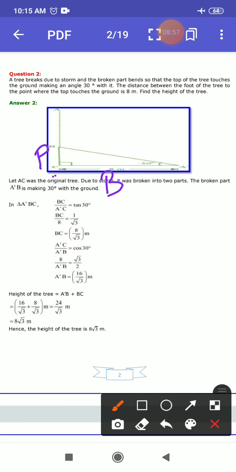Then we have to find the BC value. So BC is equal to 8 upon under root 3 meter.